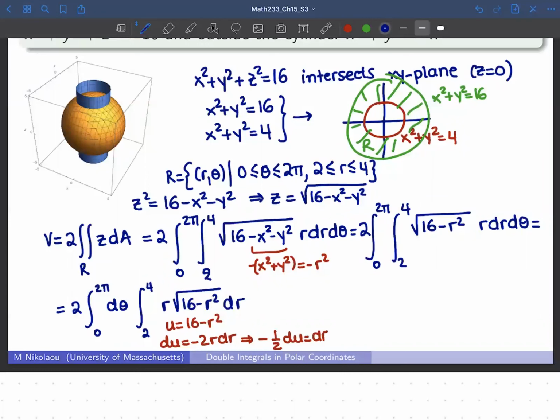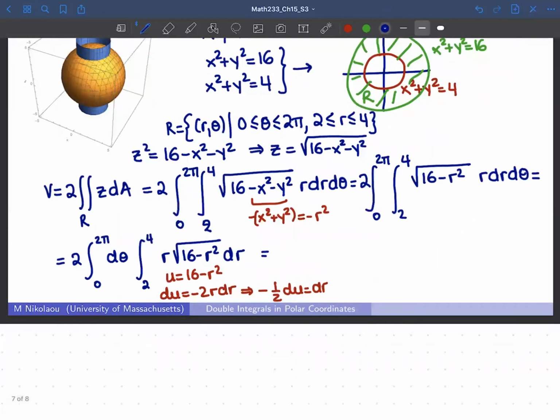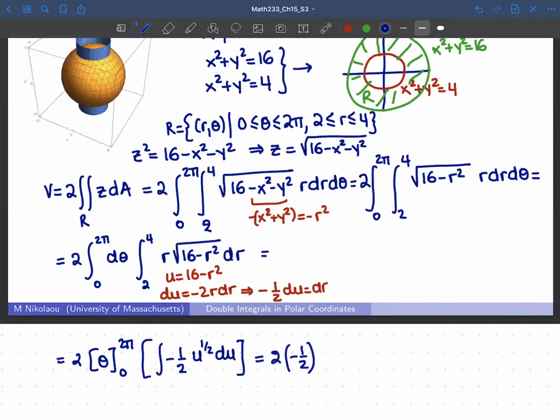From the first integral, we get 2 times the integral of d theta, which is theta, evaluated between 0 and 2 pi. From the u substitution, the second integral becomes the integral of negative 1/2 times u to the 1/2 du. So that gives us 2 times the negative 1/2 times theta evaluated between 0 and 2 pi, which gives 2 pi minus 0.